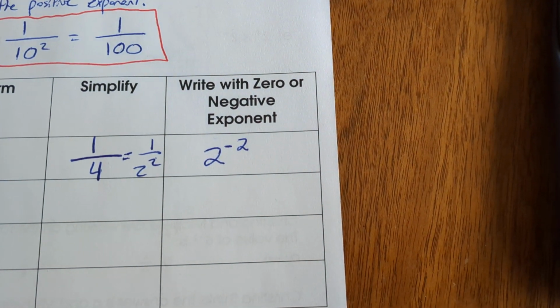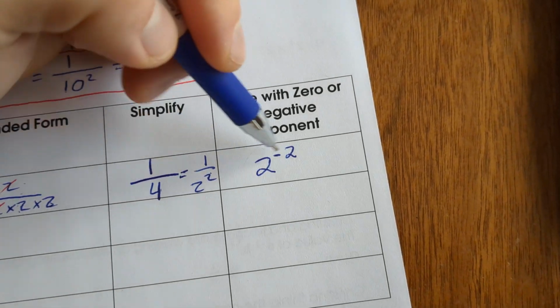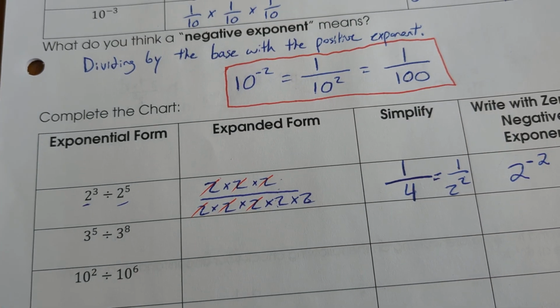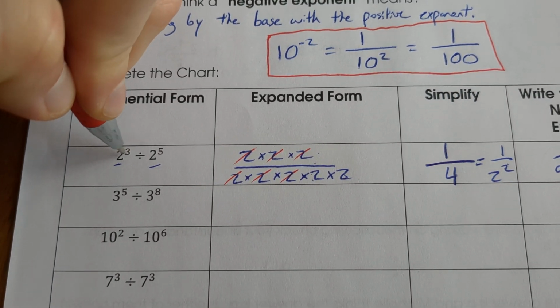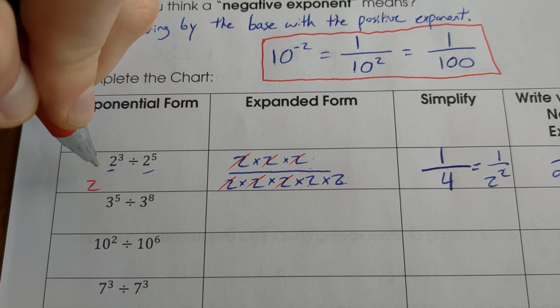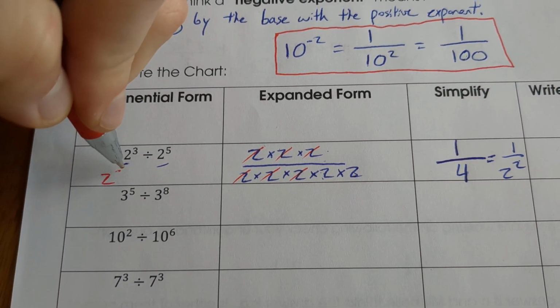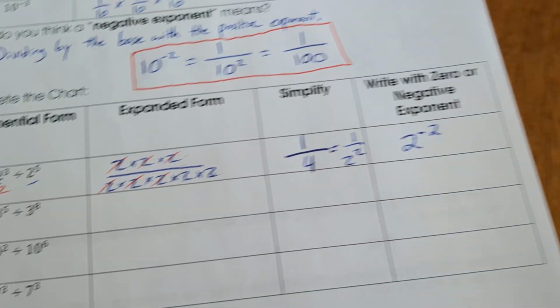Okay, so if we were to write this expression with a negative exponent, this is what we get. And this also makes sense because if we do our exponent rules we learned last unit, when we're dividing powers, we subtract exponents. So we would do 2 to the power of 3 minus 5, which is 2 to the negative 2. Okay, which is exactly what we got over here, 2 to the negative 2.